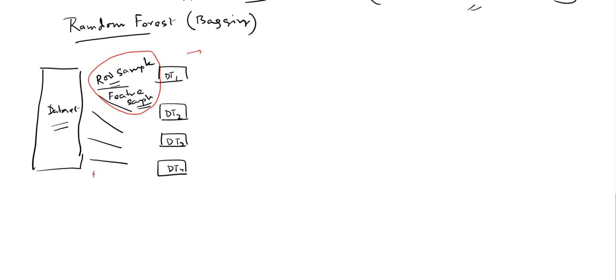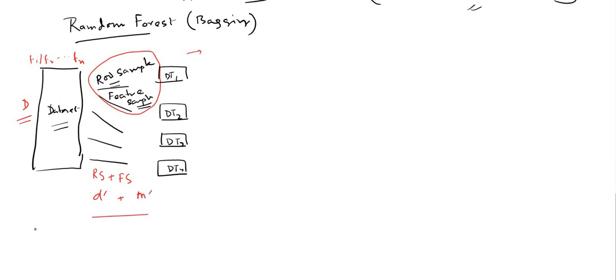So we are doing row sampling plus feature sampling. Always remember, in your data set, suppose we have features f1, f2, up to fn, and data with D rows. For row sampling we use D dash, and for feature sampling probably M dash.